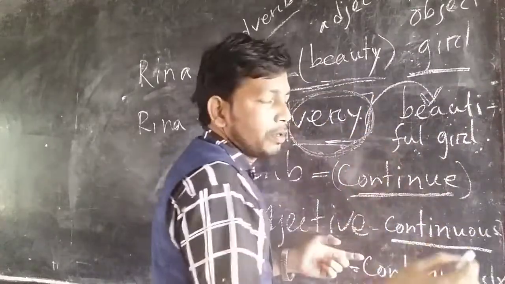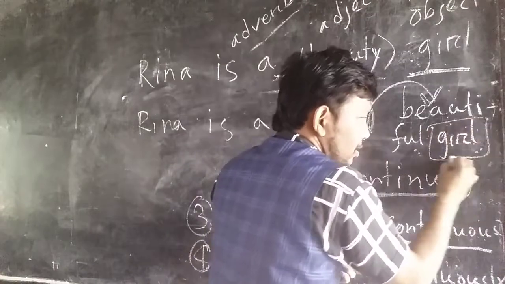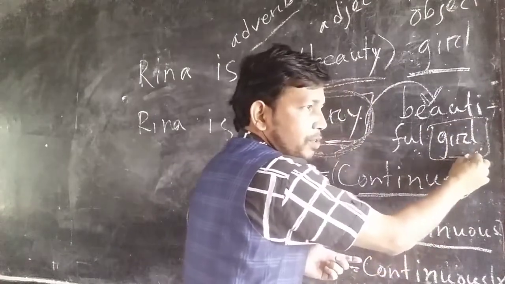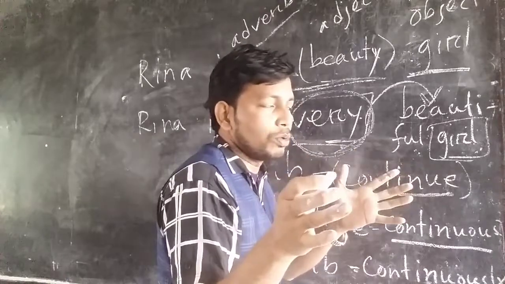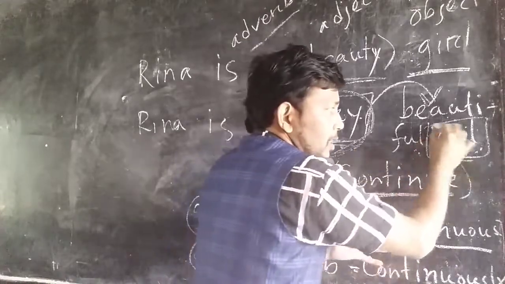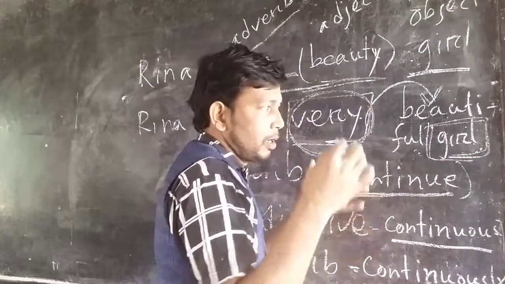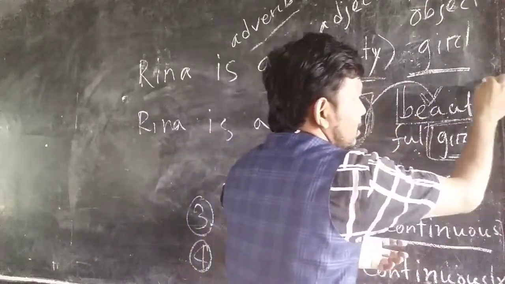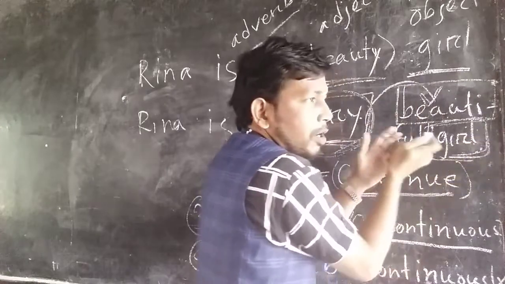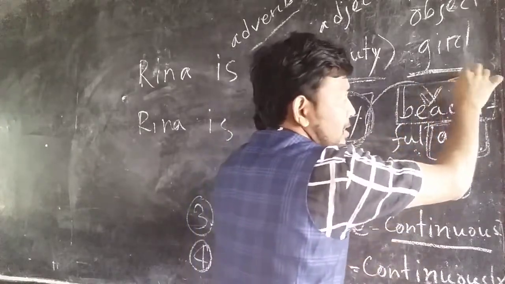Okay, so we know that this girl is the object position, and in object position, if you have any given word in the bracket, then you have to change it into noun. And if you have a bracket before the object position, then you have to make it adjective.